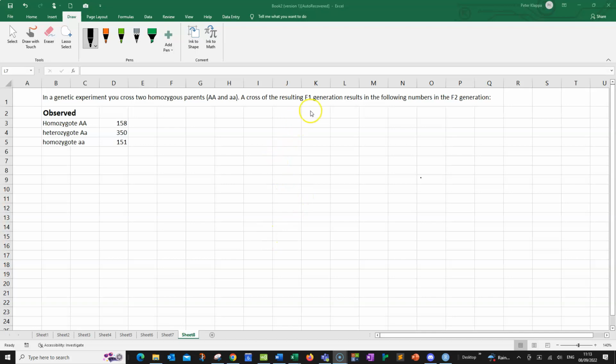Well, obviously, when we cross the homozygote parents, inevitably our offspring in the F1 generation will be capital A, lowercase a. And now we can cross these offspring and get the F2 generation.